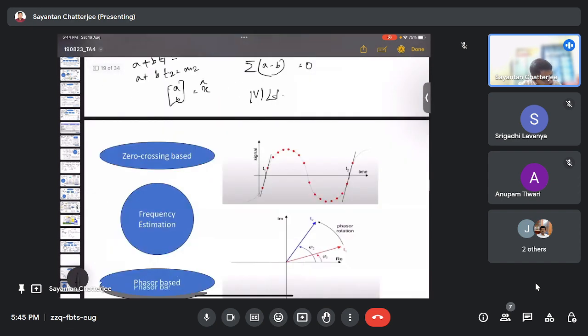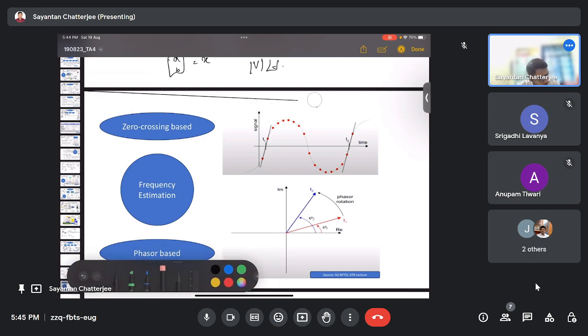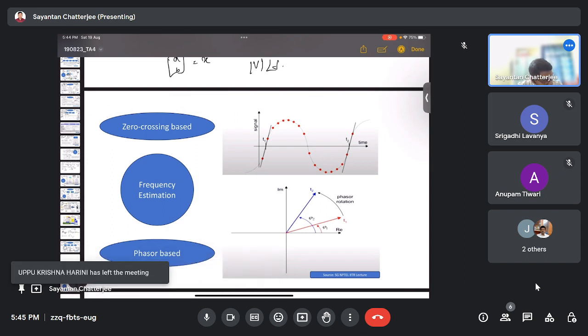Also, we know that we can directly find the frequency estimation from these PMUs. For a full cycle, let's consider this one cycle, and these are the zero crossings.